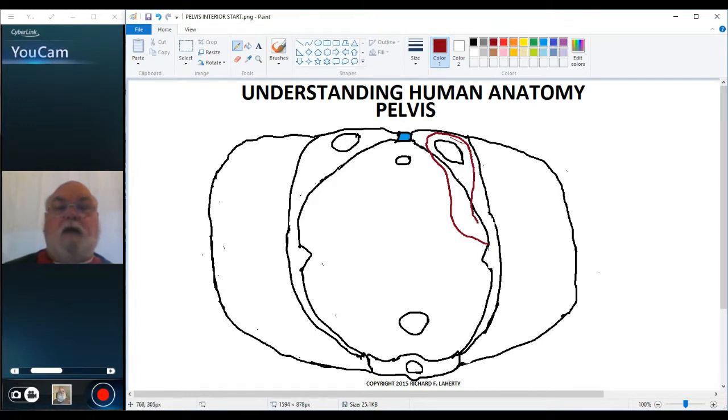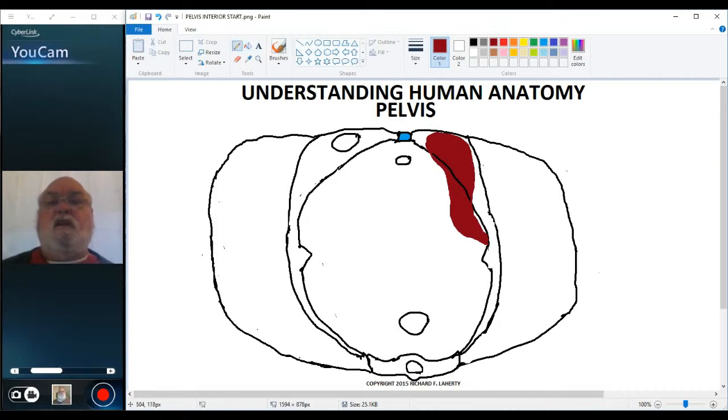And this muscle passes out through the lesser sciatic foramen to insert onto the femur. And we'll color it in here. There we go.